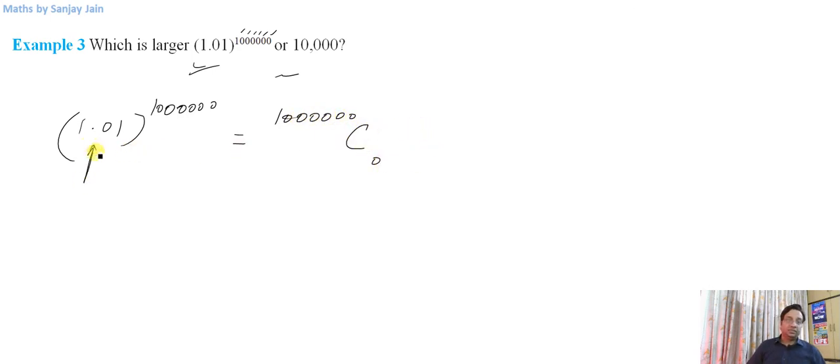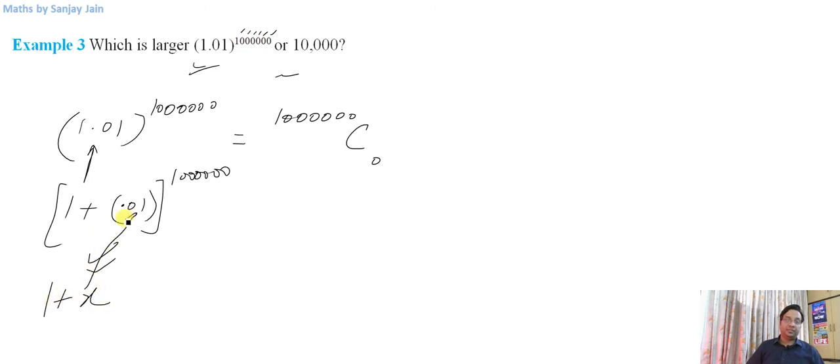And what is this term? I am writing it like this: 1 plus 0.01, this is a separate term that I am writing, raised to 1000000. This is how you need to think. 1 plus x, okay, where this is x. So this is how we will do it.